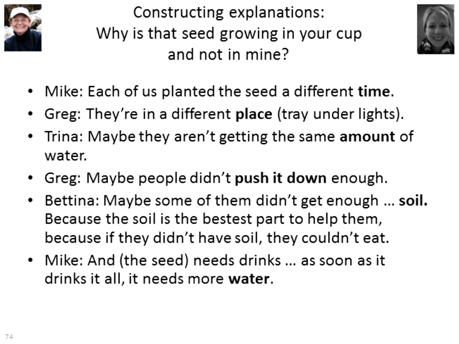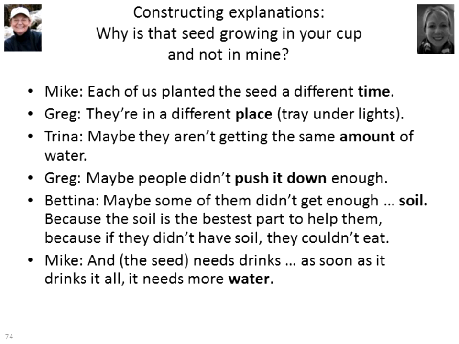So maybe the lights were different. They were getting different amounts of sunlight. Trina thought maybe different amounts of water. Greg was wondering if you had to push it down a certain amount or not. Bettina has an idea that the soil is the bestest part because that's what they eat. And Mike thought that if the seed drank the water too fast, it would need more water, so maybe that was why the water was making a difference.